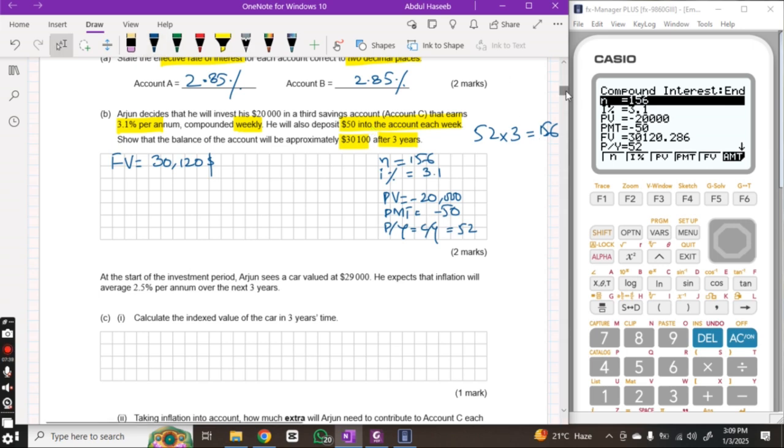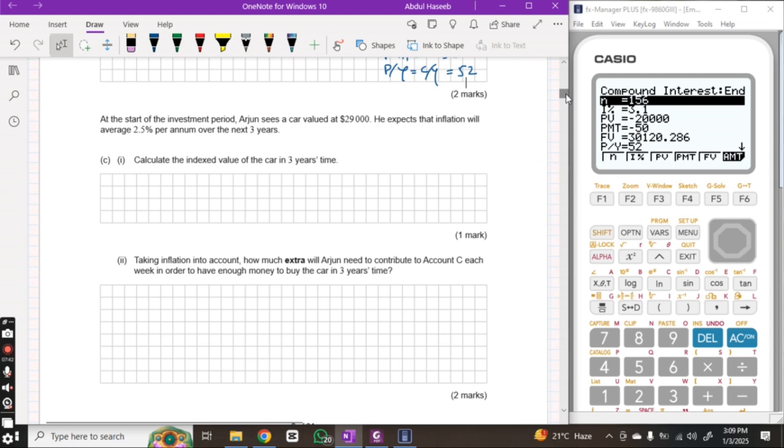Moving on. At the start of the investment period, Arjun sees a car valued at $29,000. He expects that inflation will average 2.5% per annum over the next 3 years. So calculate the indexed value of the car in 3 years' time.